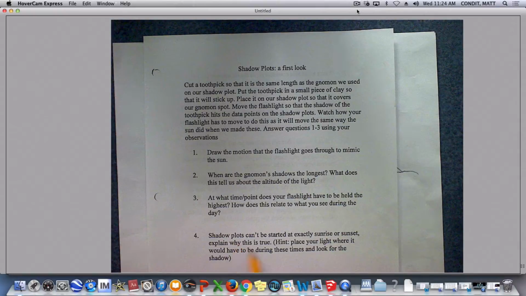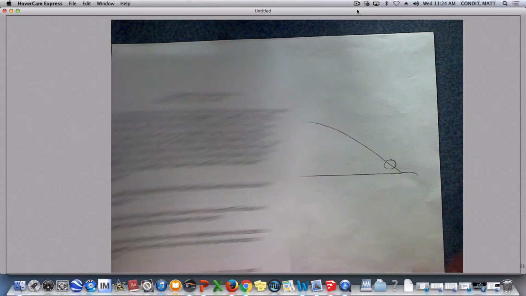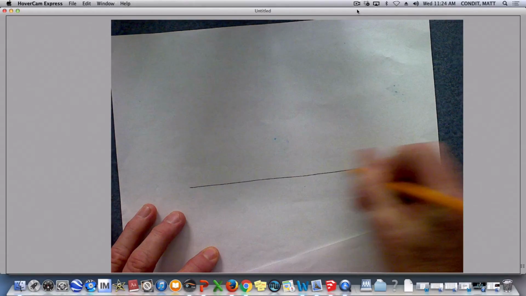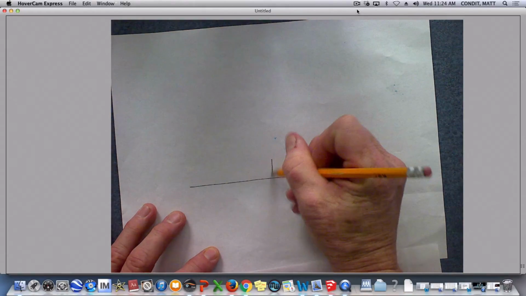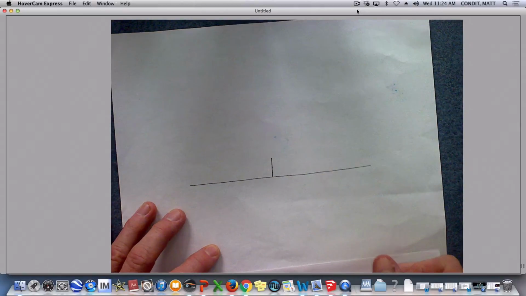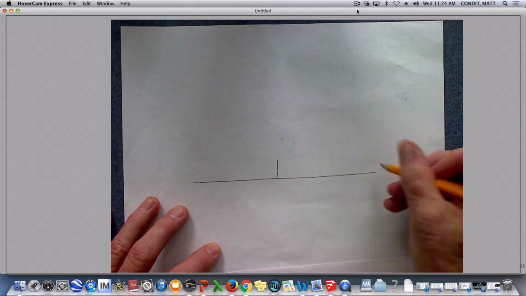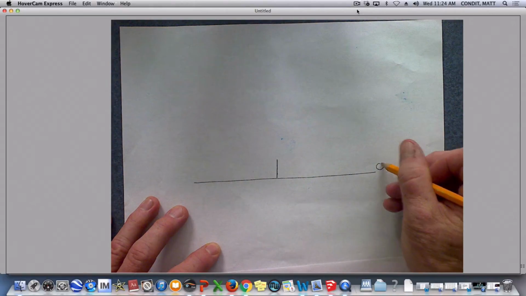Next one, shadow plots can't be started exactly at sunrise or sunset. Explain why this is true. The easiest way to explain that is with a drawing. If this is the ground and this is the gnomon, and it is right at daybreak, right when the sun comes up, the sun looks like it's right along the ground.